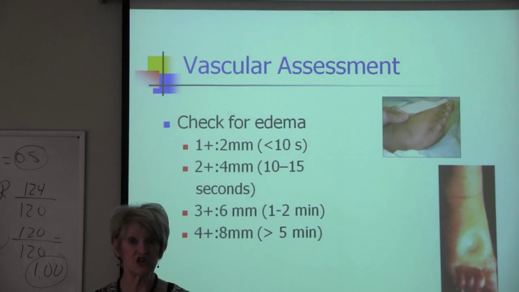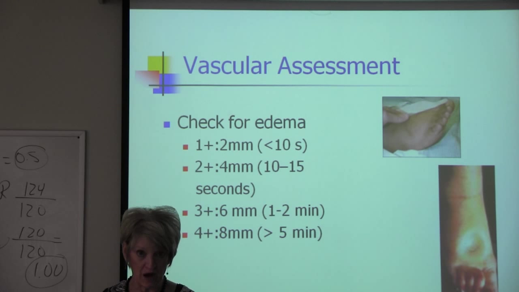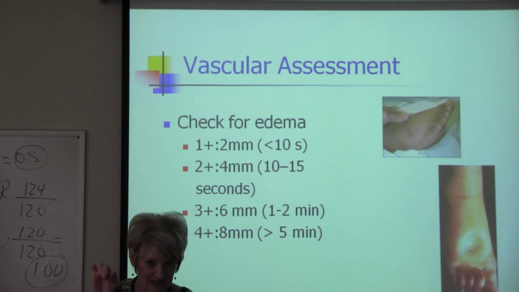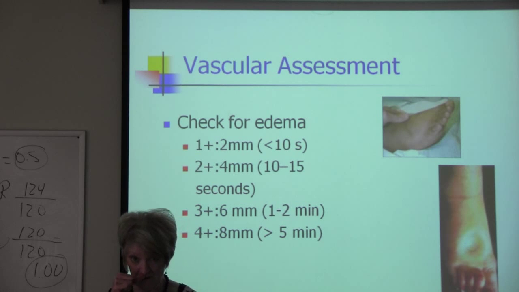Then the last thing on checking for vascular status is check for edema. And of course, you know how to check for edema, so you put pressure in the soft tissue right around the ankle or in the pretibial area, and you're looking for pitting. And then you're looking to see how far does that pit go down and how long does it take to resolve? And here's your scale.